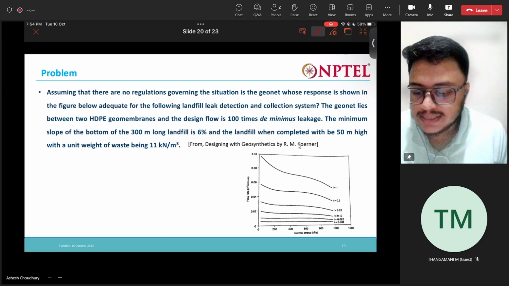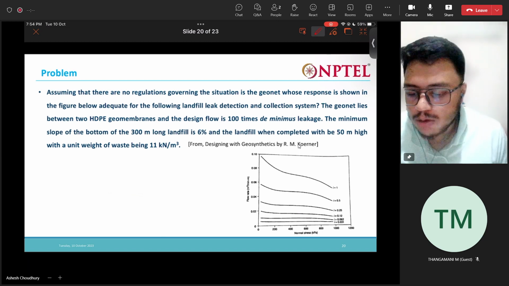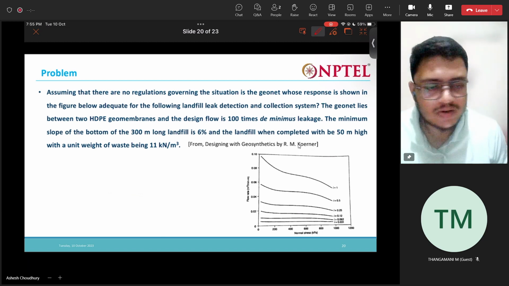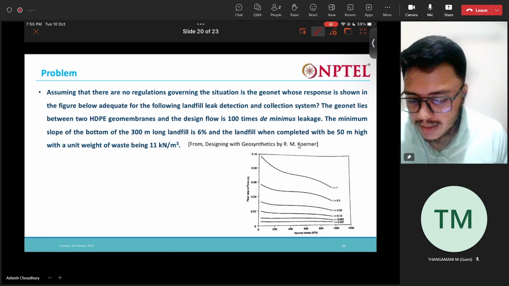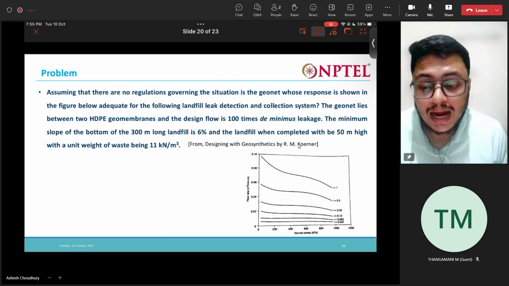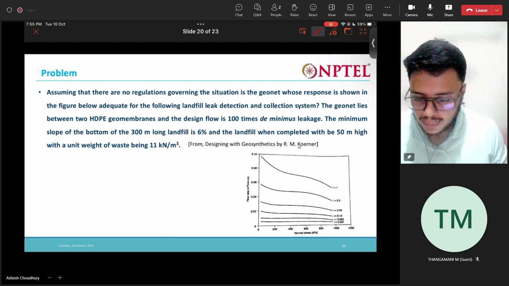It is considered that geomembranes, since they are not impermeable, will allow some transmission of waste constituents by such means as vapor permeation or by small impact. Vapor permeation we will see next class. The actual level of de minimis leakage of a constituent is approximately 10 liter per hectare per day.